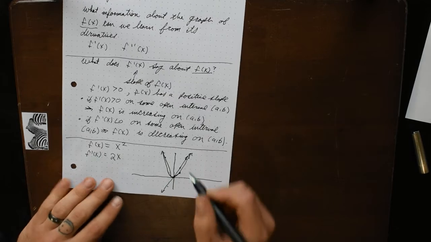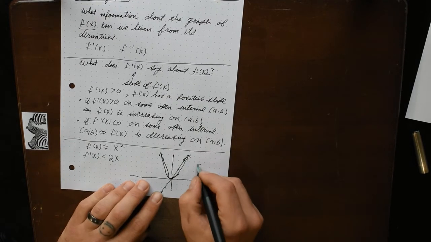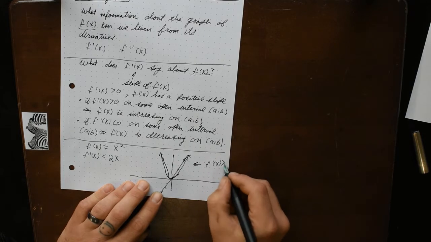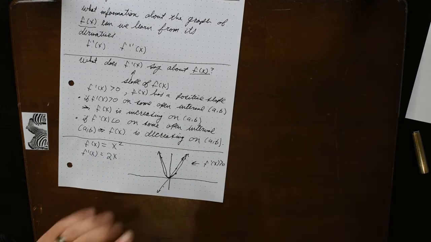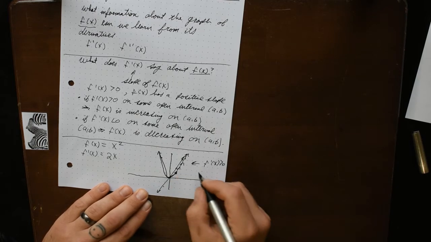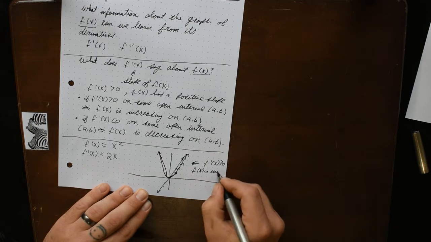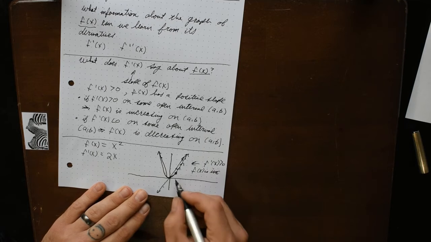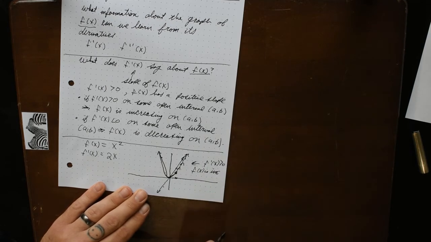Now, where the derivative is positive, f prime of x is positive, our values of y are going up. Our values of y are increasing. f of x is increasing, meaning the y values are going up as we read this graph left to right.